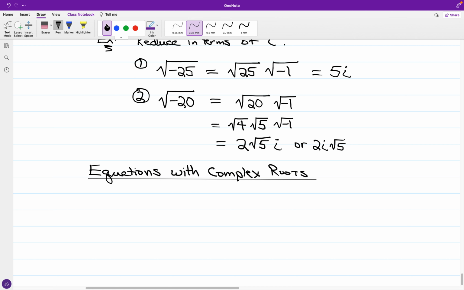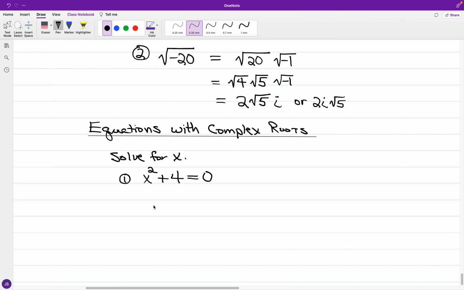For equations that have complex roots, let's say I'm looking at solving for x. Now we've dealt with things like differences of squares and solving by factoring. Let's say I have a sum of squares, like x squared plus 4 is equal to 0.